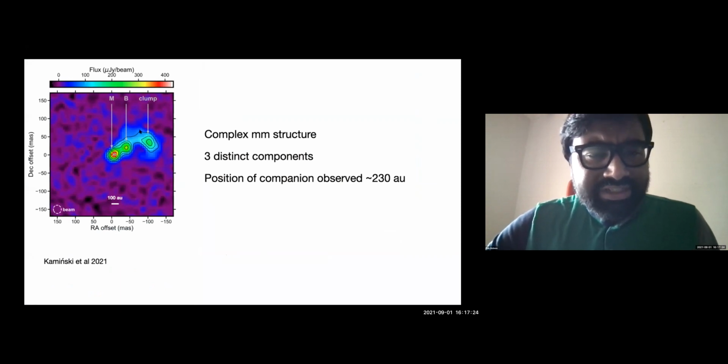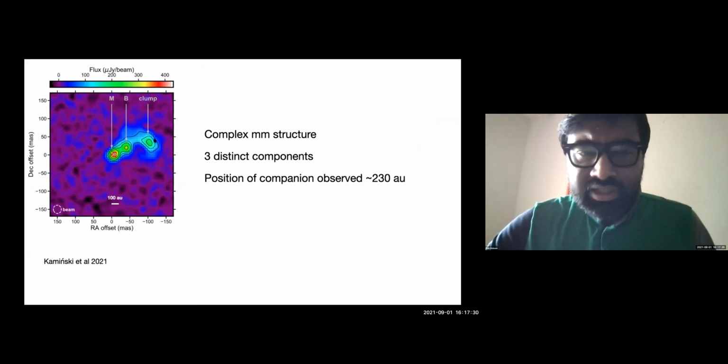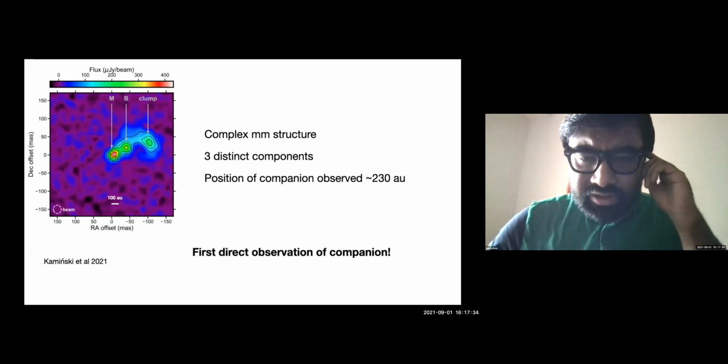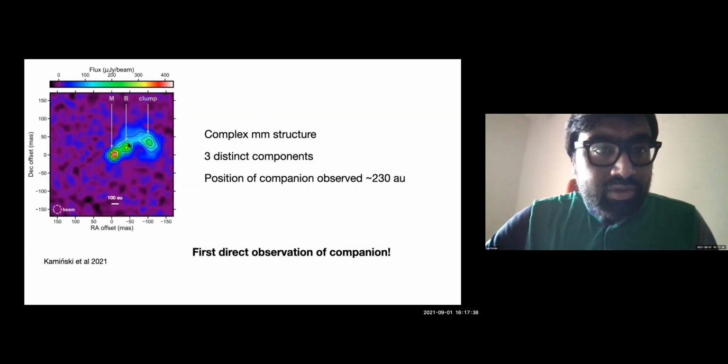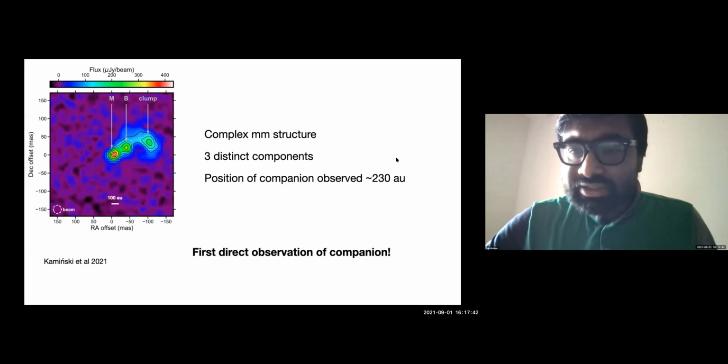And finally, there's this extended clump of dust that's a bit further off from the main system, which we call the clump. This is also the first time that the companion is directly observed, and so we have a revised distance of 230 AU.